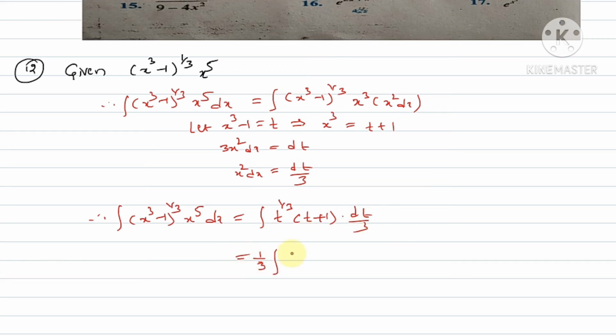Now multiplying, t power 1 by 3 into t plus 1, overall dt will be there, which implies 1 by 3 integral of t power 1 by 3 into t, that is t power 1 by 3 plus 1, which we can write as 4 by 3, plus t power 1 by 3, into dt.